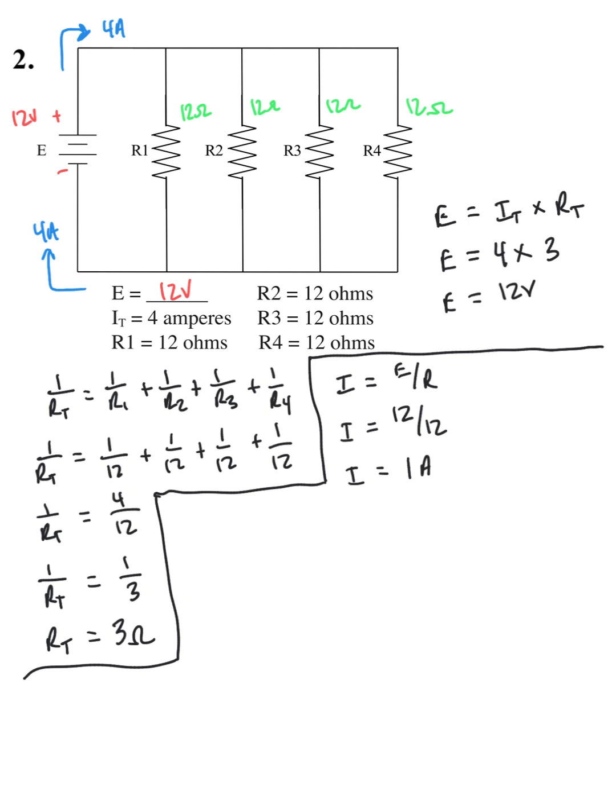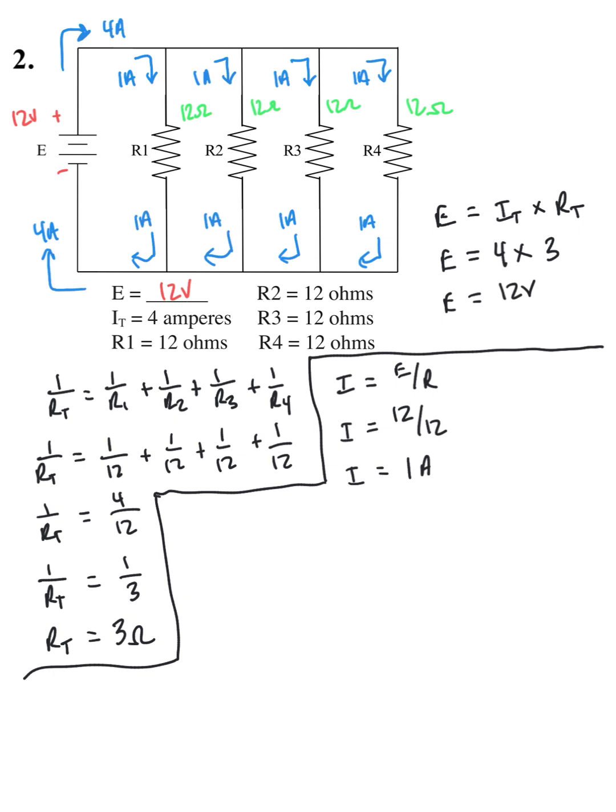And so they're all the same here. 1 amp coming down this branch, 1 amp, and down this branch, 1 amp, and then again coming back. And then you can add these all together, right? And the sum of these branch amperages should equal the total amperage that's flowing through the circuit. Okay. And it does.